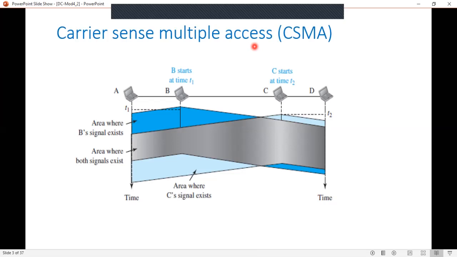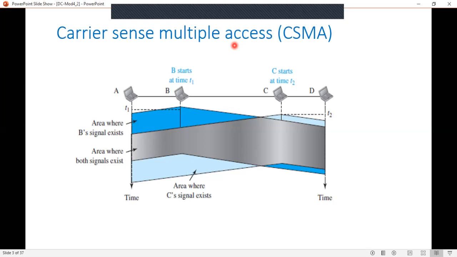CSMA uses the principle of sense before transmit, that is, check the state of the medium first and then send the data. That is, you check if the channel is idle or free, meaning there are no carriers in the channel. In that case, the station can transmit. That is the concept used here.